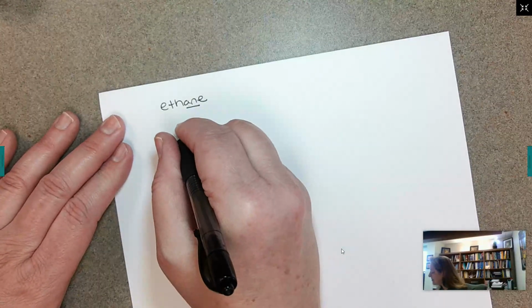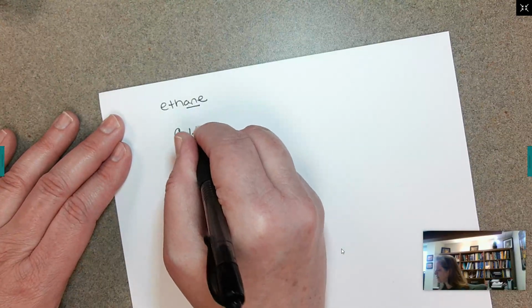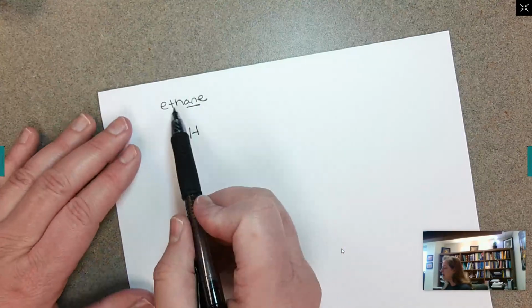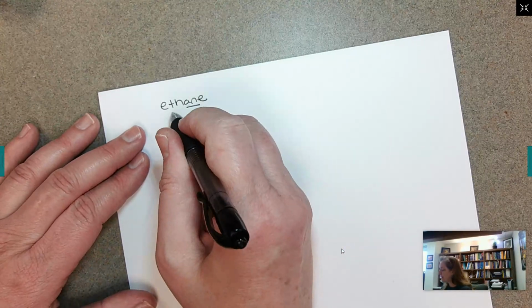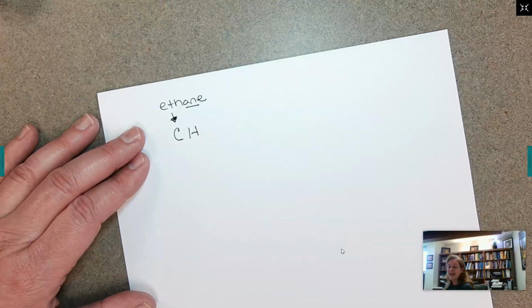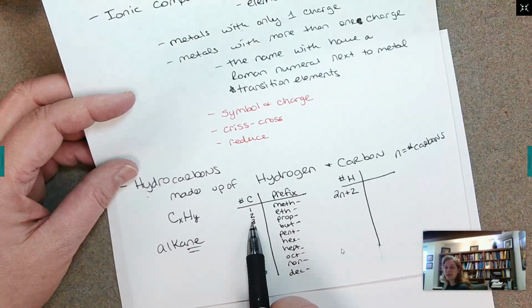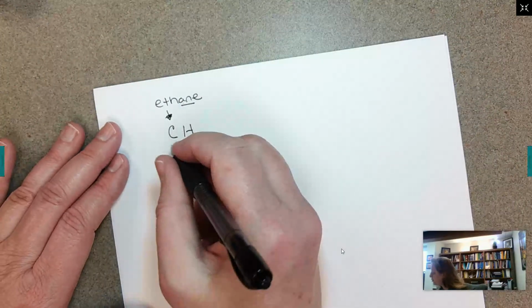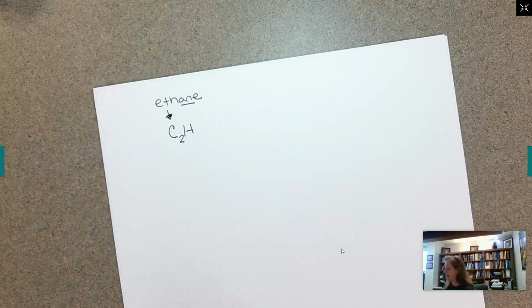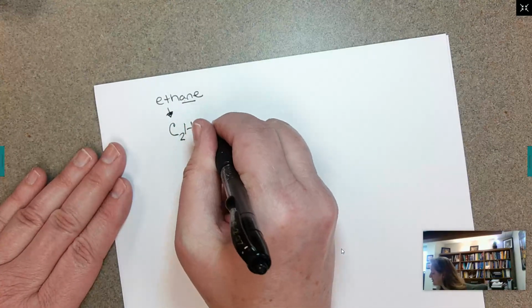So we're going to have some number of carbons and some number of hydrogens, and that's what we're going to have to fill in. So eth tells you the number of carbons that you have. And if you remember, eth is going to be 2 carbons. So I'm going to put 2 for carbon. Now, how do I come up with my hydrogens? Well, this is going to be 2N plus 2.